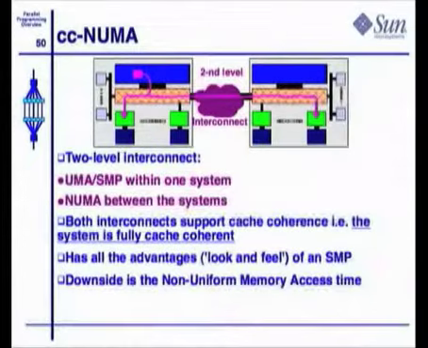That gives me the look and feel of a big system, typically with a lot of memory and a lot of cores. But there's a downside. The downside is the non-uniform memory access time. If I'm running somewhere in the system, my data could be in the local memory. If it's in the local memory on my node, it's fast to access.